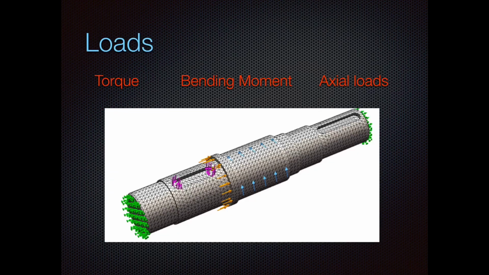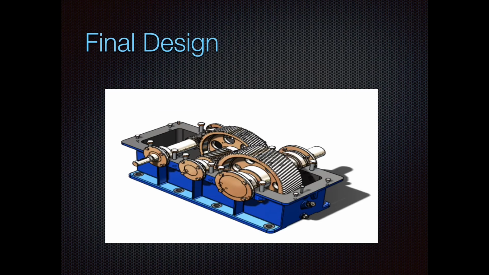Now for the loads, the power to the gearbox comes from a 12 horsepower motor that goes around 450 RPM. For the loads that we used, the ends of the shaft were restrained. We used a torque of 189.9 Newton meters that is applied to the force section.